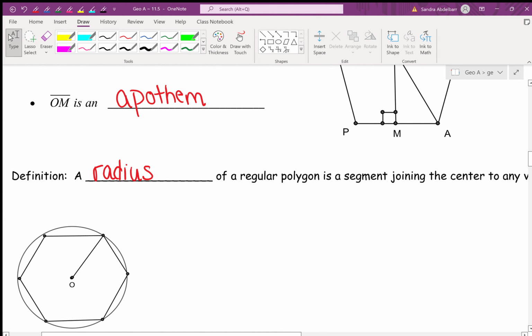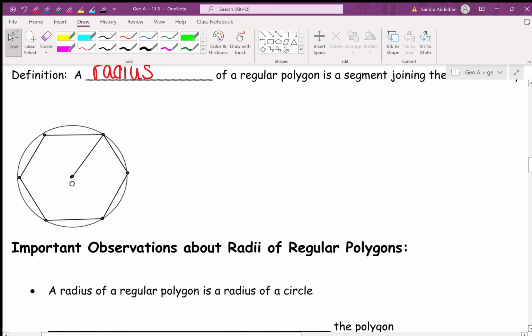Okay, so we are now introducing these vocabulary words into regular polygons. Center, radius. Where have we used these vocabulary words before, center and radius? With circles, and it's not far off. These still are in reference to a circle, but when we're talking about a regular polygon, what we're envisioning every time we discuss this polygon is that there is a circle circumscribed about the regular polygon.